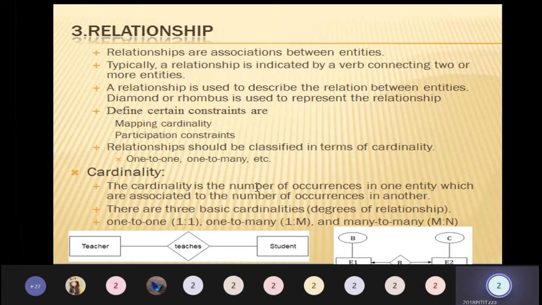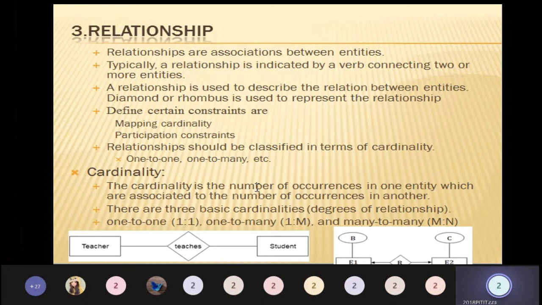Typically, a relationship is indicated by a word connecting two or more entities. It is used to describe the relation between entities, and it is represented by a diamond shape in an ER diagram.